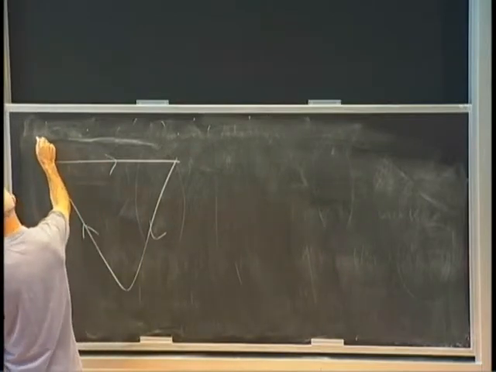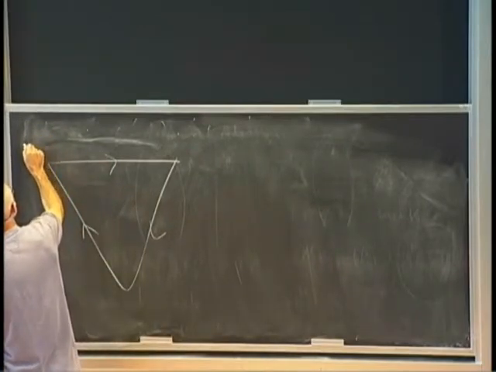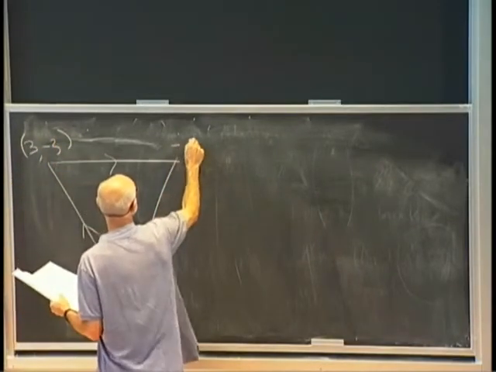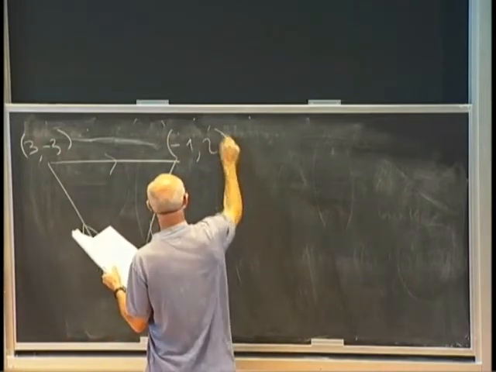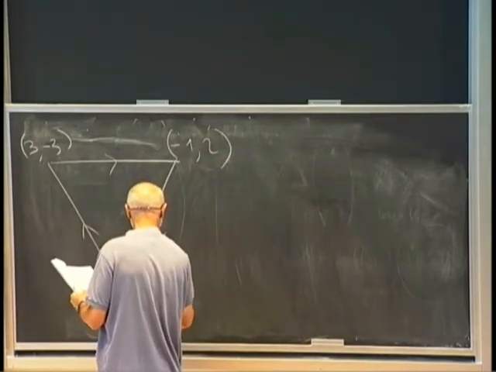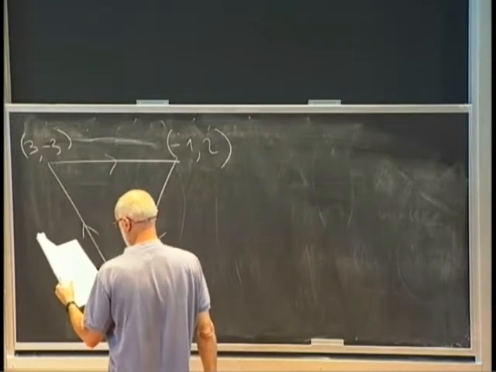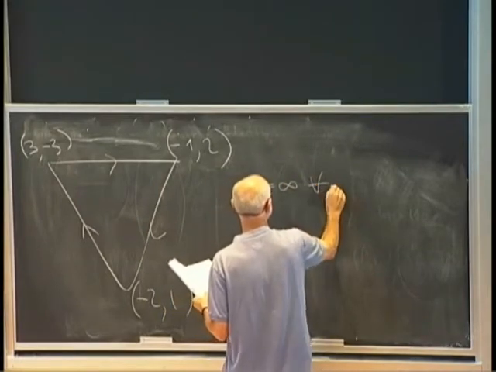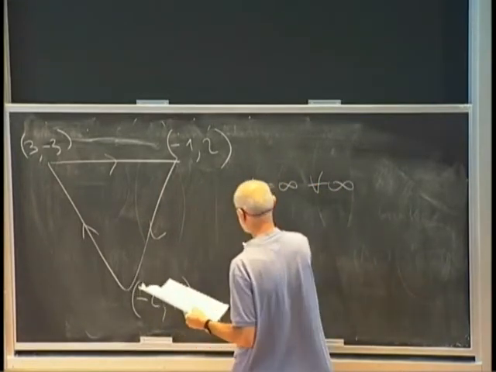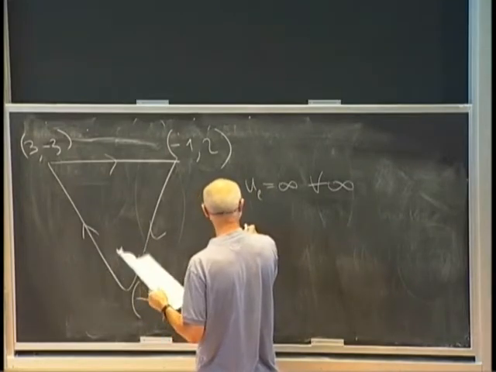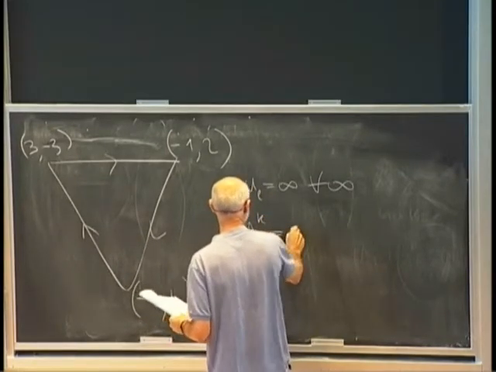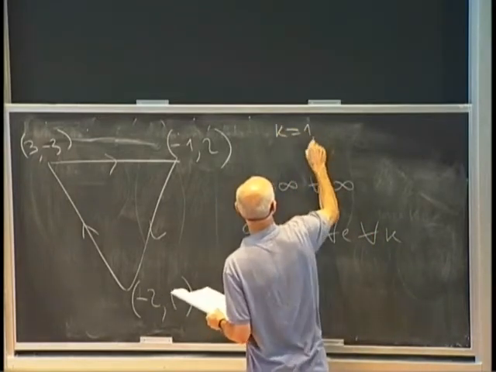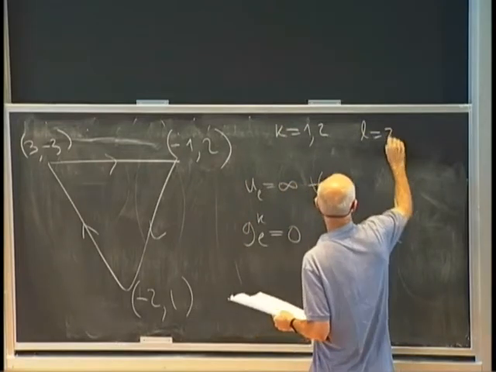Suppose I have demands here: the first commodity has this demand, the second has this demand, at the vertices, -2, 1. Suppose the capacities are unbounded, so U_e is infinity, there's no bound on the edges. And there's no G, so G_{e,k} equals 0 for every e and every k. We have two commodities, so L equals 2.